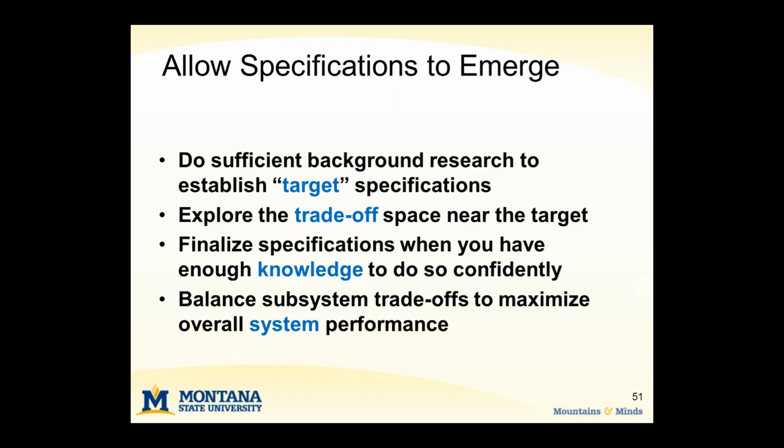So if you can have a little bit of flexibility through target specifications, and then after you understand the trade-off space, you can narrow in on exactly what the specifications that you want, that can really help speed up your design process and allow you to balance the trade-offs to maximize the overall system performance.